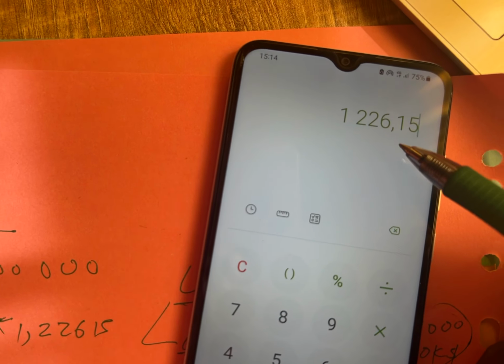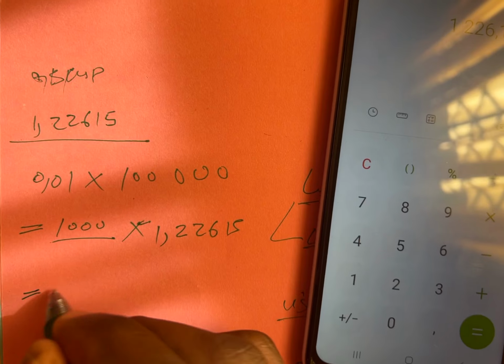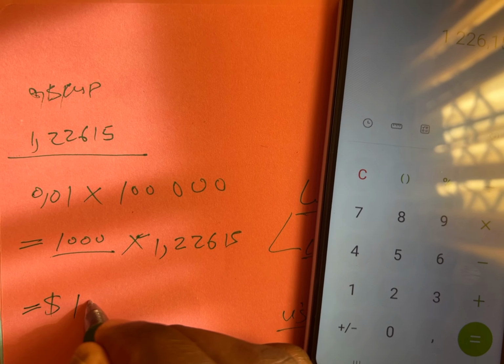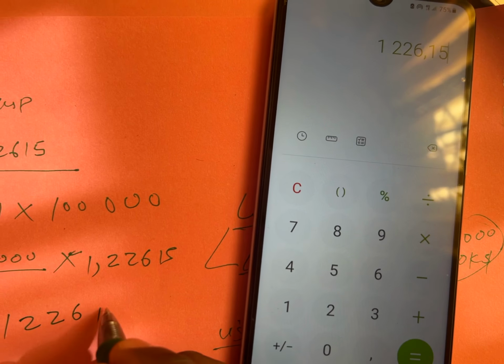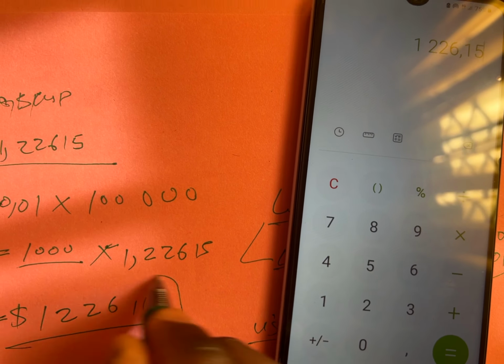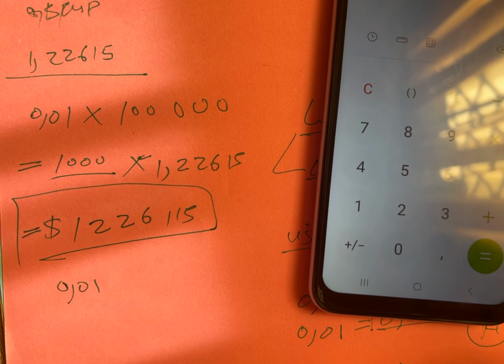You see now you needed 1,226.15. You needed to have this amount of money just to open 0.01.